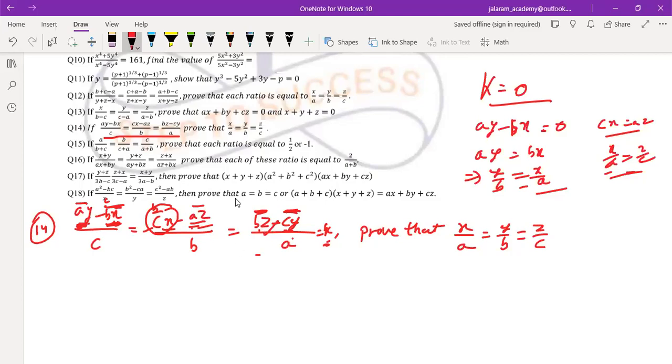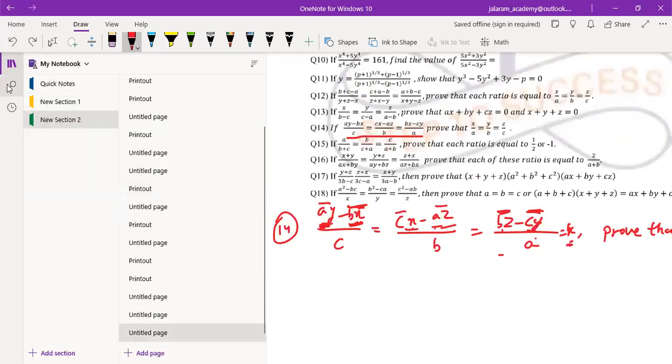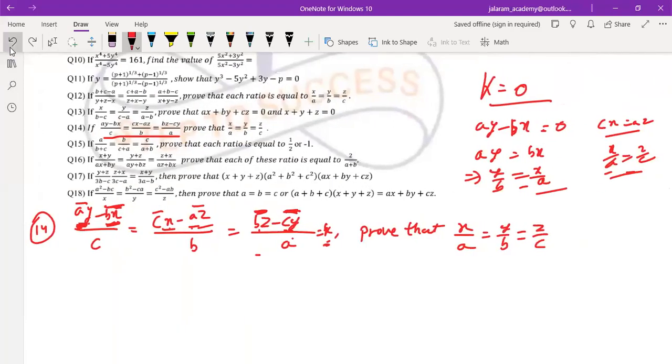So this is correct: multiply the first ratio numerator and denominator by c, in the second ratio multiply numerator and denominator by b, and in the third ratio multiply numerator and denominator by a. So we get what we require, that is k equals 0.